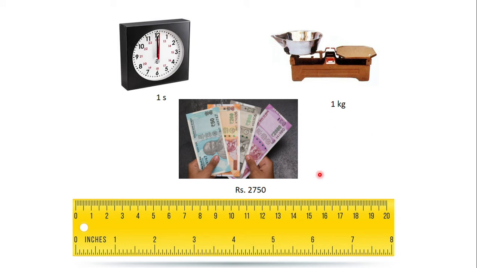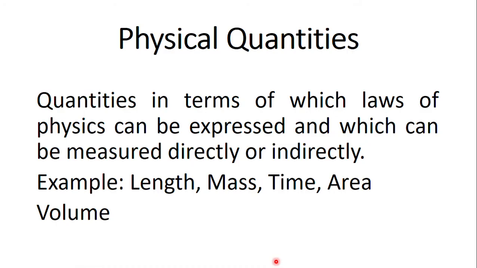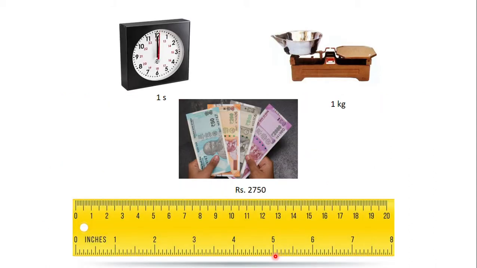So can you just tell me which one of these is not a physical quantity? Recall the previous slide where you have the definition of physical quantity: quantities in terms of which laws of physics can be expressed and which can be measured directly. Now you just tell me which one is not a physical quantity?